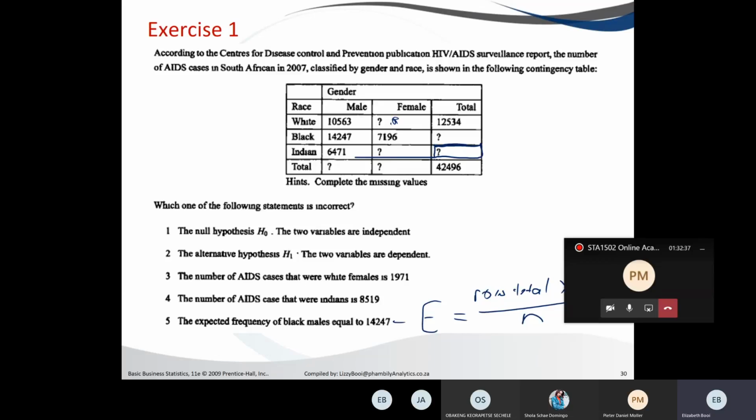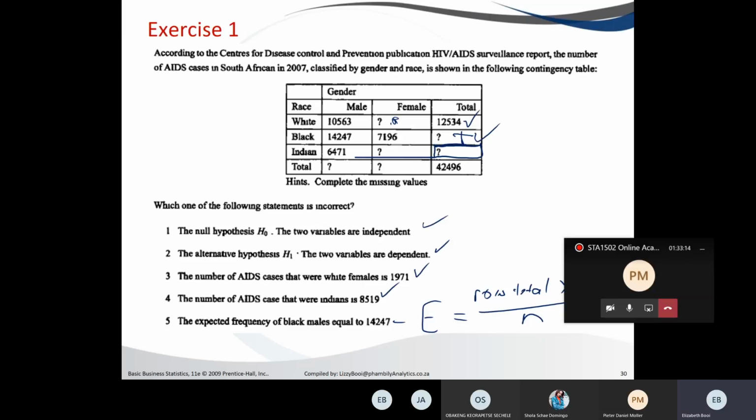If you would have calculated the number of black male and black female, if you add those two values, you will get the answer for this, and you take 496 minus that and minus that should give you the Indian. And Overgang says, oh, 4 is also correct. So 4 is also correct.